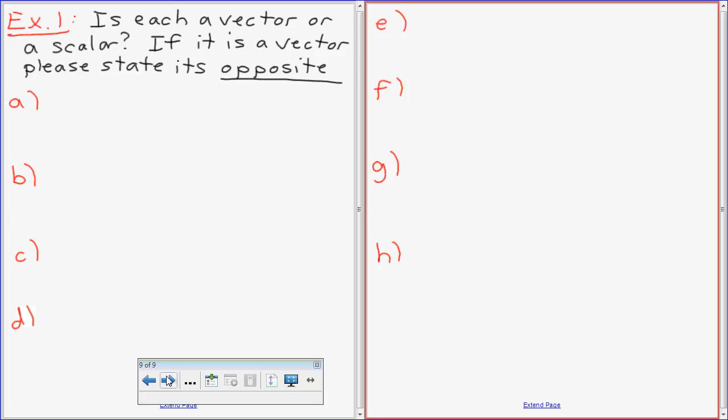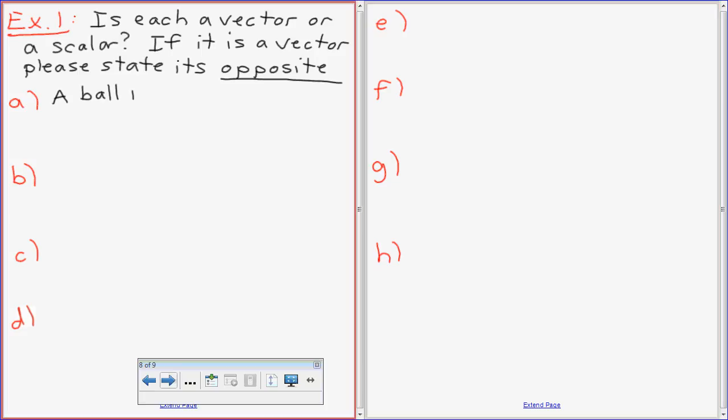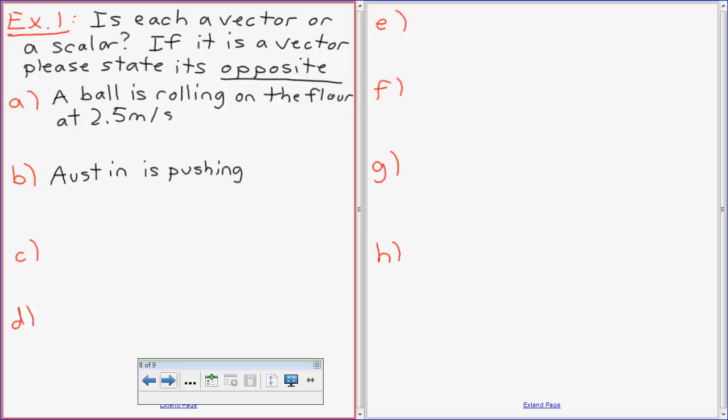Okay, A says a ball is rolling on the floor at 2.5 meters per second. B, we're going to say Austin. Happy birthday tomorrow, Austin. Just pushing a crate.